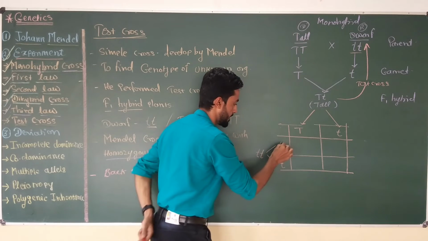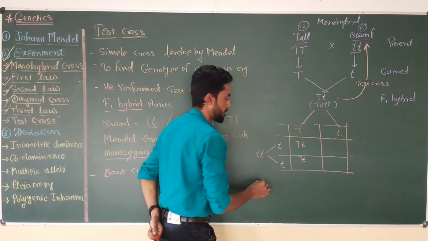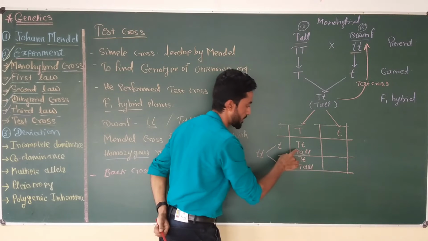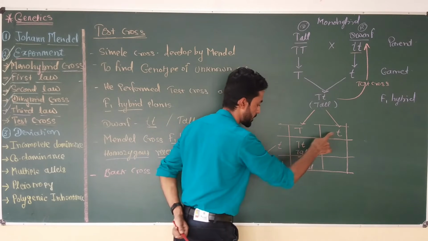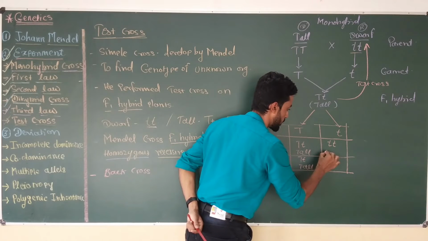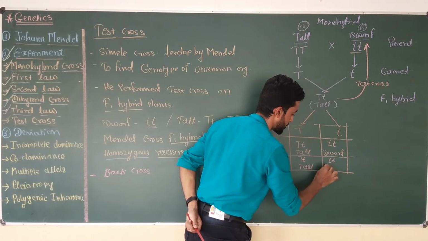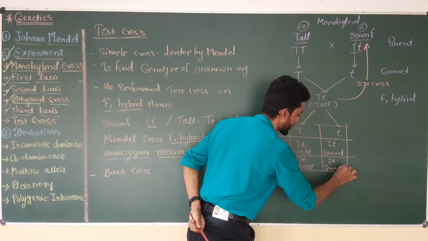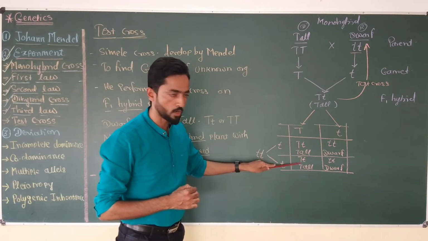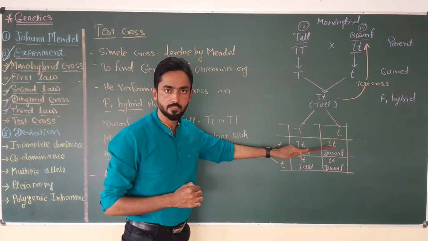this capital T small t and capital T small t plant are going to give the tall phenotype. Okay, they are going to become tall. Now small t small t plants are going to show the dwarf phenotype. Okay, so out of the 4 plants, 2 will be hybrid tall and 2 will be dwarf, which is a recessive phenotype.